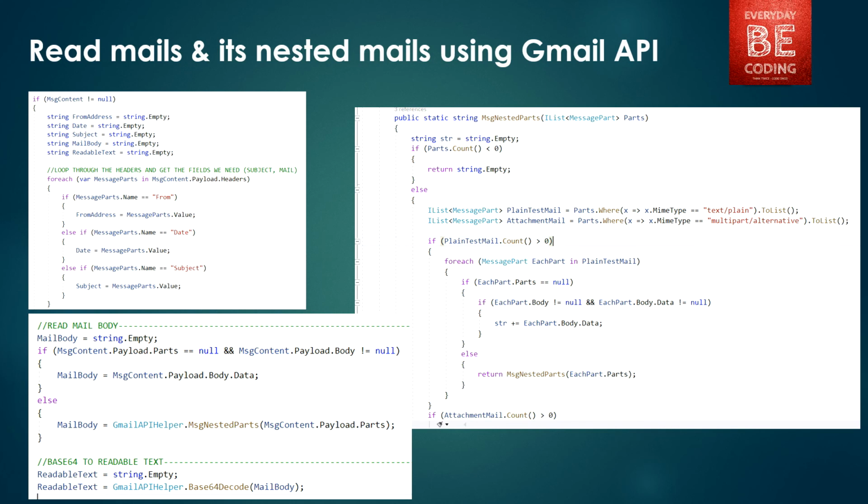After that, read mails and their nested mails using Gmail API. So first of all, we use this particular message nested parts. This method retrieves or iterates each and every mail content, checking those contents by using this message content element, and this message content element has a property name.